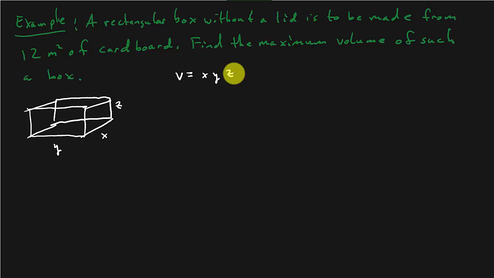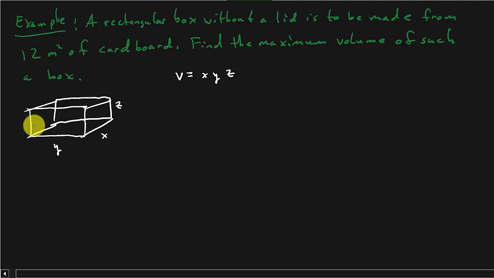Well, that's what we're going to do here. We're going to get everything in terms of x and y. All right. So what other piece of information does it give us? Well, it tells us that the box is to be made from 12 square meters. So all of this is 12 square meters.